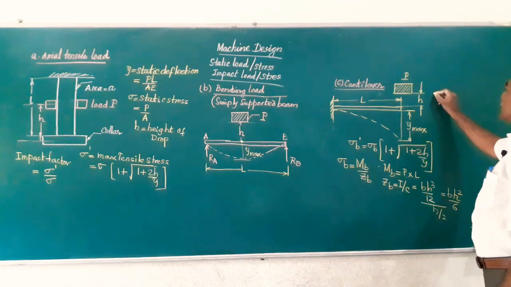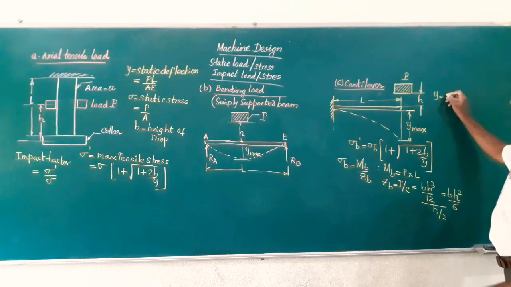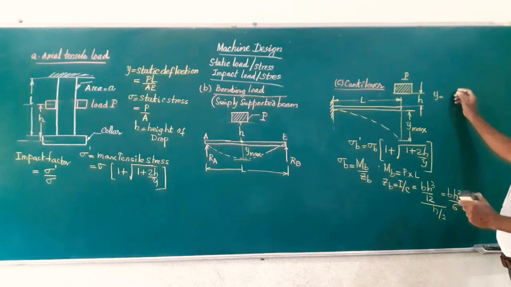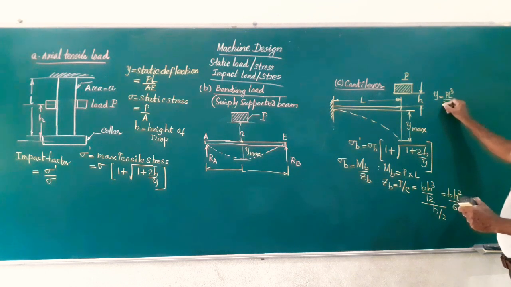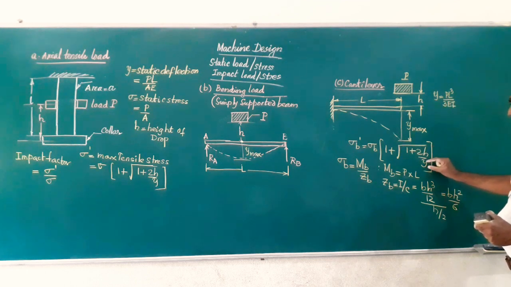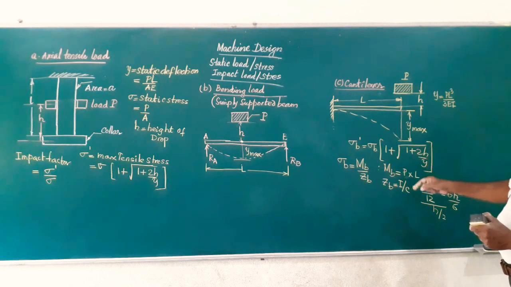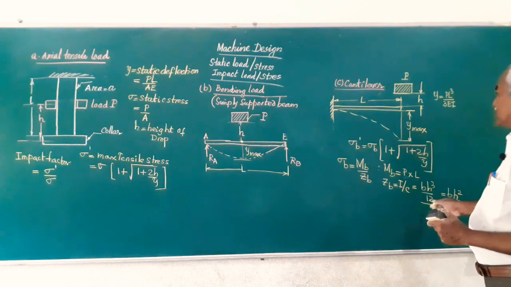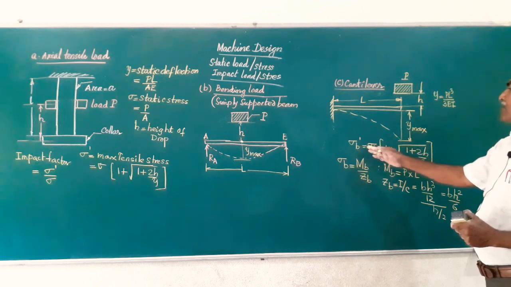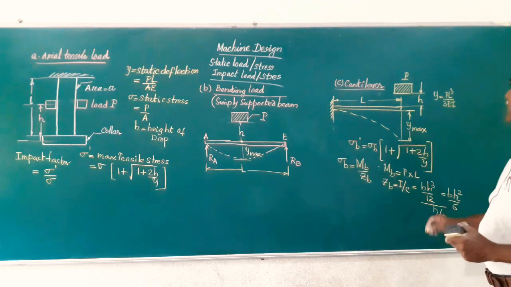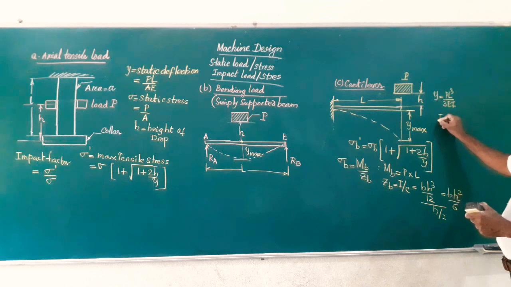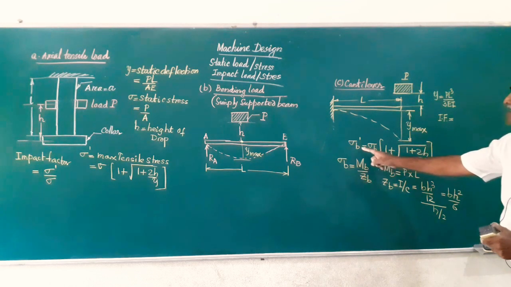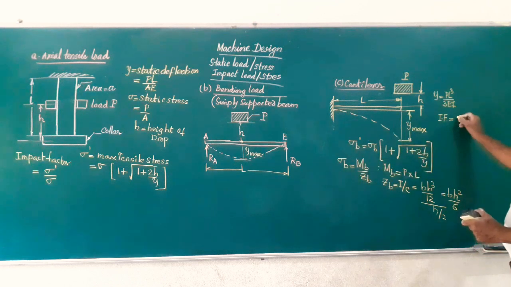Y, you should know clearly what is Y and Y max. Y is the deflection due to the static load, and this is given by the formula P L cube by 3I, which is the formula used to find the static deflection. And friends, by using this equation, you will be able to find the maximum stress induced in the member. And if they ask you to find the impact factor, IF, the impact factor is nothing but sigma b dash by sigma b.